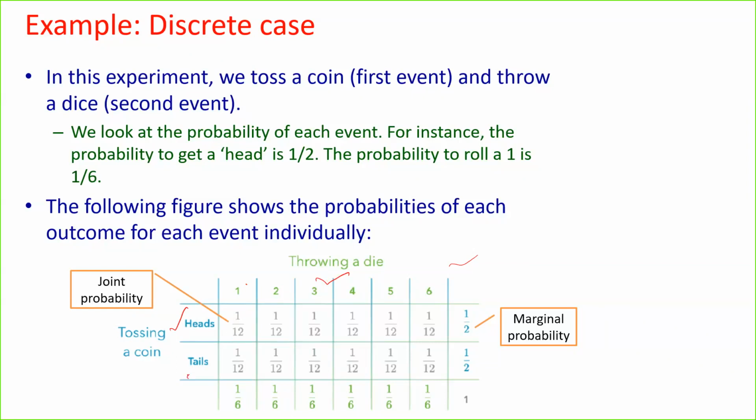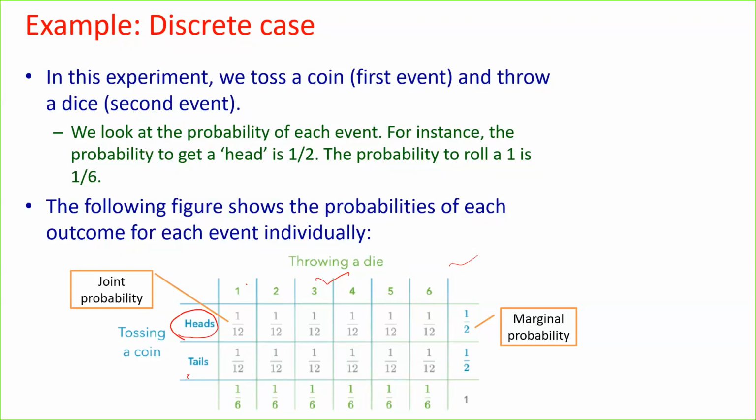Okay. Now, suppose I ask you for the marginal probability, what is the probability of heads? When I ask what is the probability of heads, it means what? Irrespective of whether the die equals 1 or 2 or 3, it doesn't matter to me. I'm just interested in finding the probability of heads, isn't it?